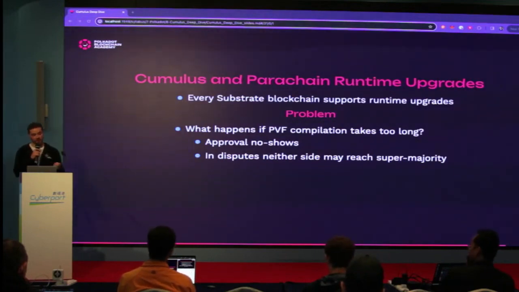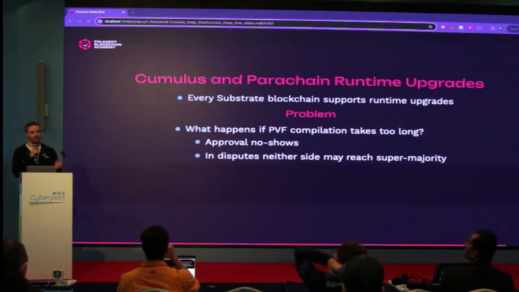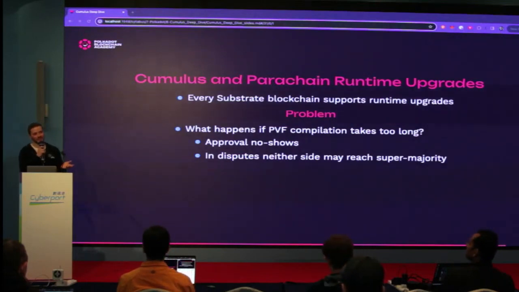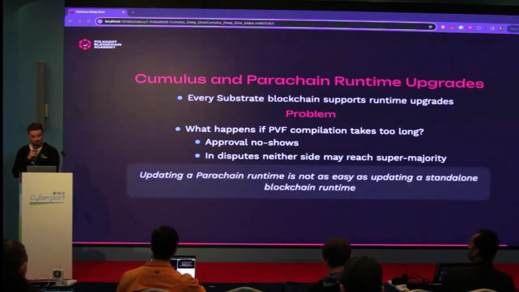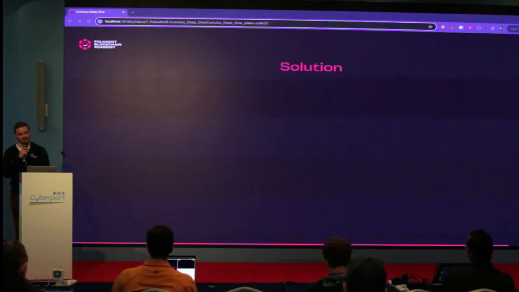So if it takes too long, approvers might not be able to compile that code, which could result in approval no-shows, and disputes for either side might never reach a supermajority because the majority of these validators are unable to validate a block because they can't compile the parachain validation function. So updating a parachain runtime is not at all as easy as upgrading a standalone blockchain runtime.